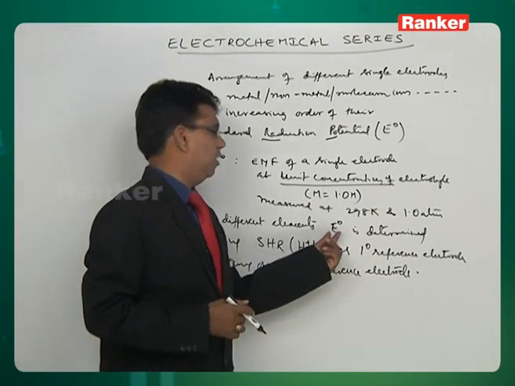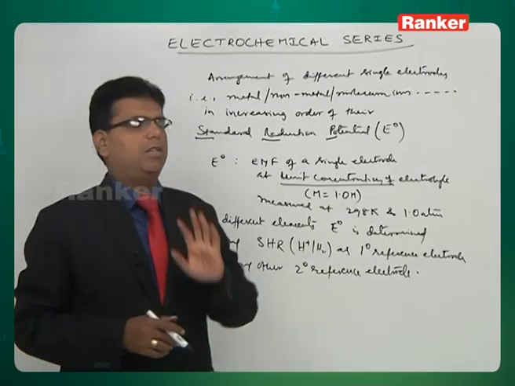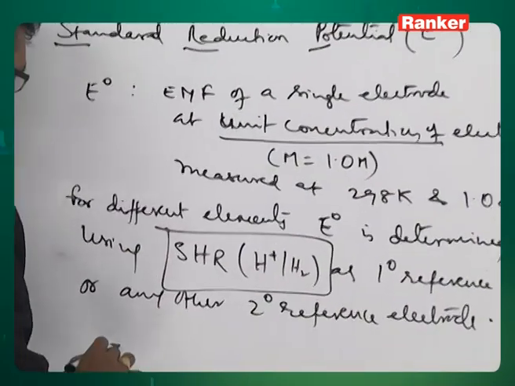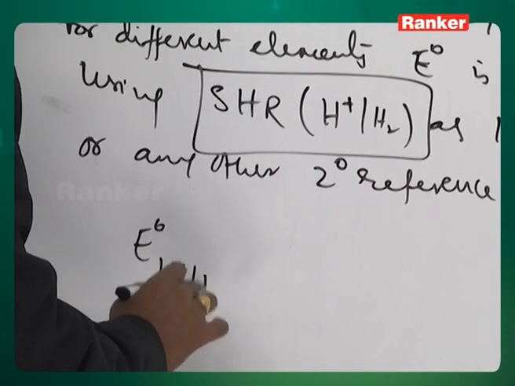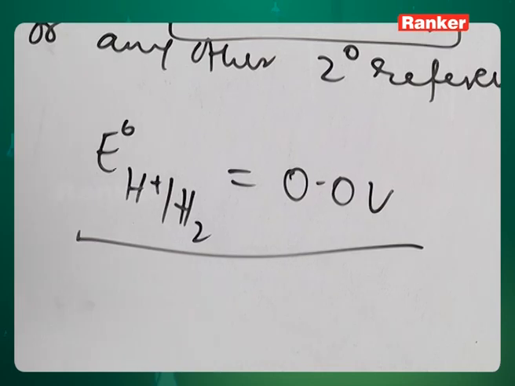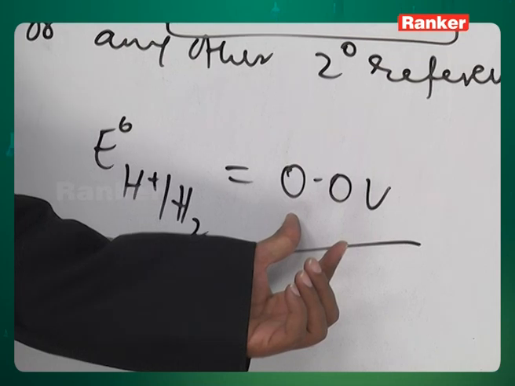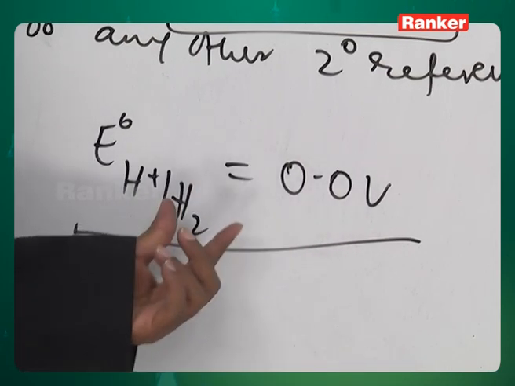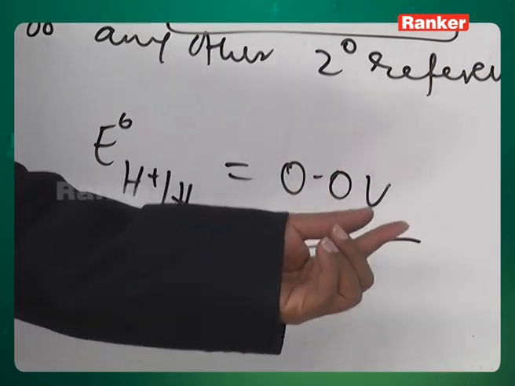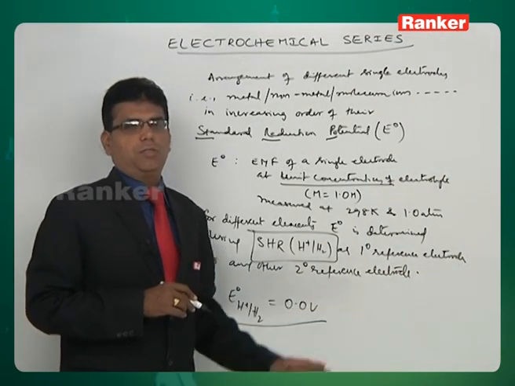But the standard E naught values, of course, for all the elements are determined by using the primary reference electrode, that is the standard hydrogen electrode. So, the E naught value of H plus H2 is always said to be 0.0 volts. This being moderately electronegative, neither highly electronegative nor least electronegative, it is taken as a reference and its EMF is considered as 0. Using this, the E naught values of all other elements have been determined.